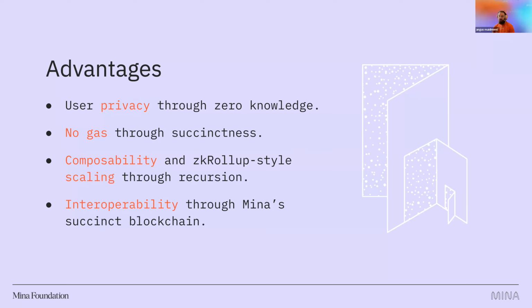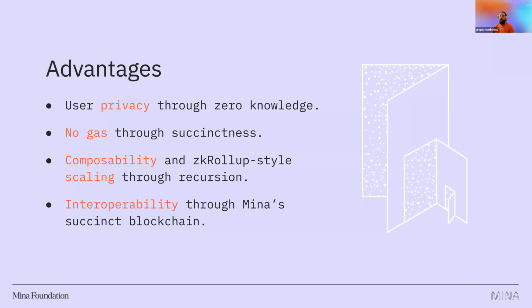So using this idea of producing these proofs for large amounts of computation, you can get scaling as well. You can do large amounts of computation, and you can write your own ZK apps to use this concept of recursion to get higher scalability for doing these kinds of tasks.